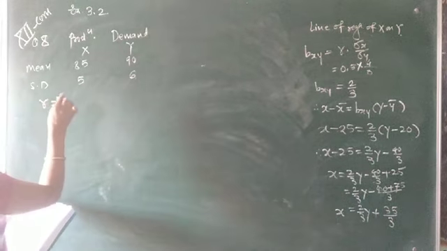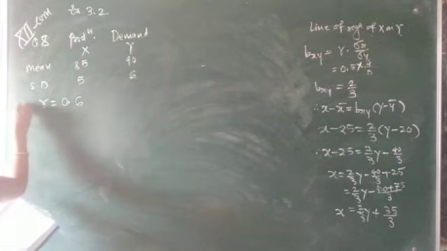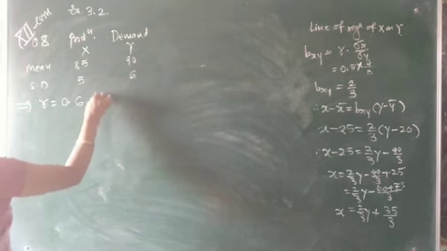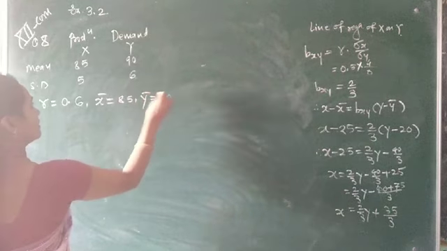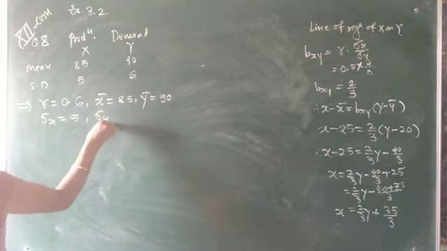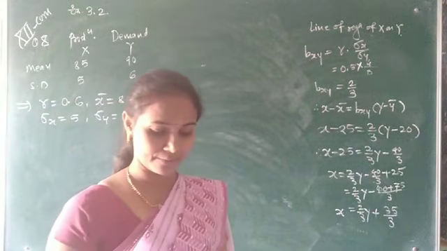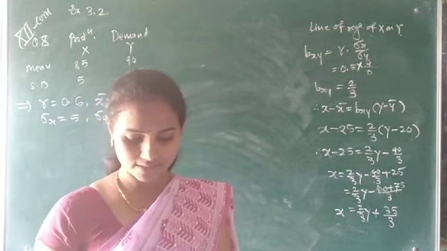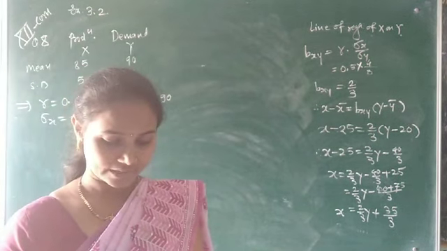Also we are given the value of r, that is 0.6. X bar 85, y bar 90, sigma x 5 and sigma y 6. And here we have to estimate the production when the demand is 100. Estimate the production, that means estimate x when the demand is 100.